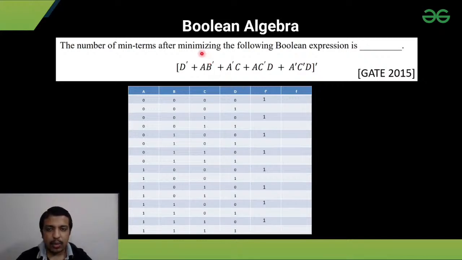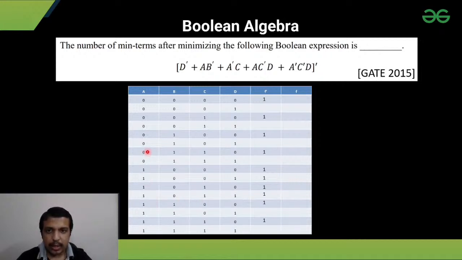Now we'll find those places where a is 1 and b is 0. So a is 1 here and b is 0. A is 1 here and b is 0. So we'll mark these places also. Then we'll find those places where a is 0 and c is 1.